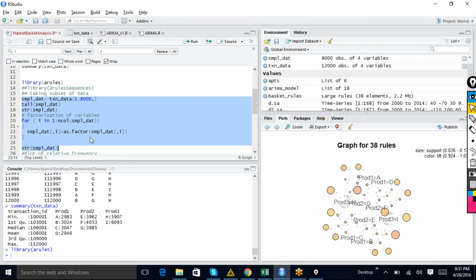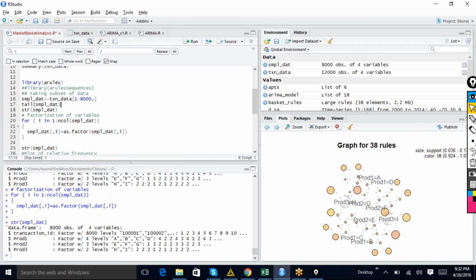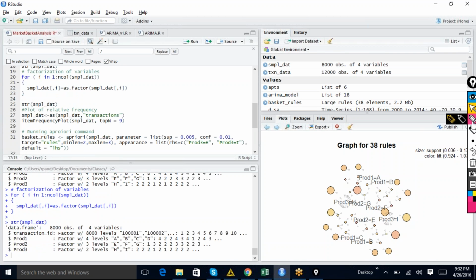Just in case R was not clear whether A is a categorical or character variable, we're clarifying that A is a categorical variable. So we're saying for i in 1 to the number of columns, go and change each of those columns to factors. Don't sweat if you don't follow it, because that is just changing it, and then you can confirm that all of these variables have been changed to factors, which is necessary for telling R that we are looking at factors.